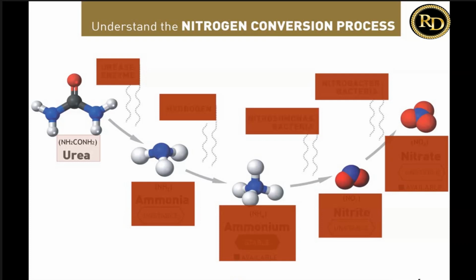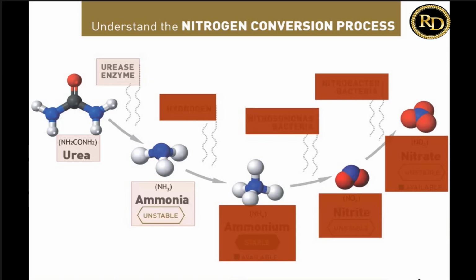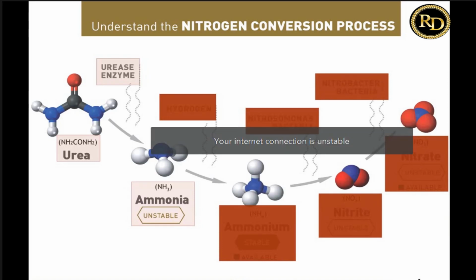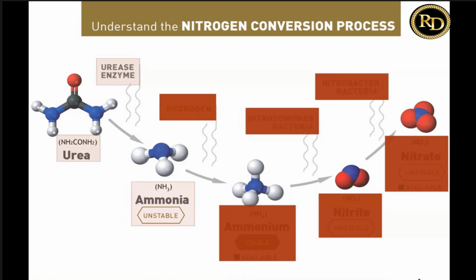But the moment it reaches the soil, the urease acts on urea and converts urea into ammonia, and that is the stage, because ammonia is unstable and it's a gaseous form, so volatilization loss hota hai urea ka, and that's how urea efficiency is lower, and ammonia gas is just lost, because ammonia gas is unstable.